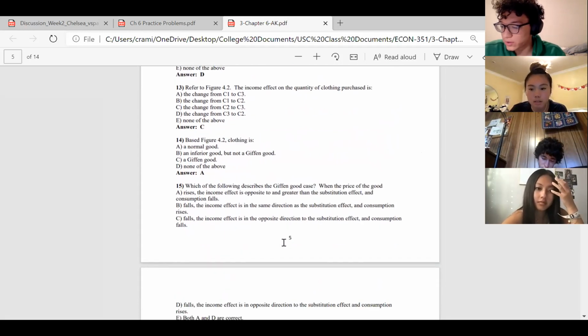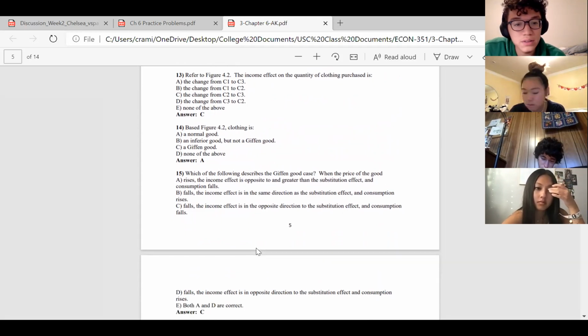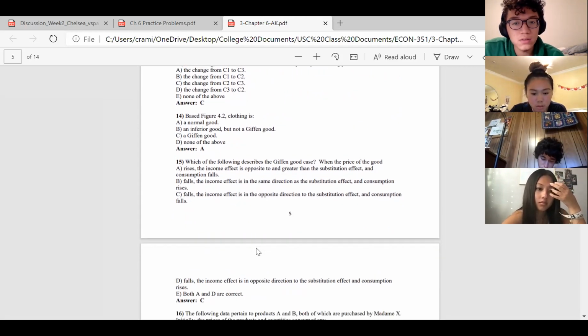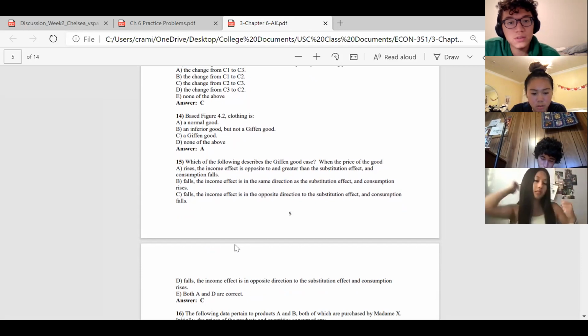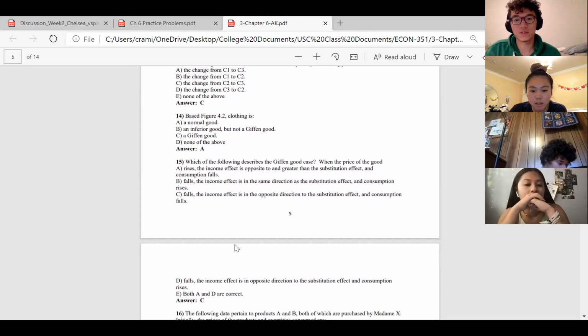This was 15 C. So for a given good, when the price of the good falls, the income effect is in the opposite direction of the substitution effect, and the consumption falls.